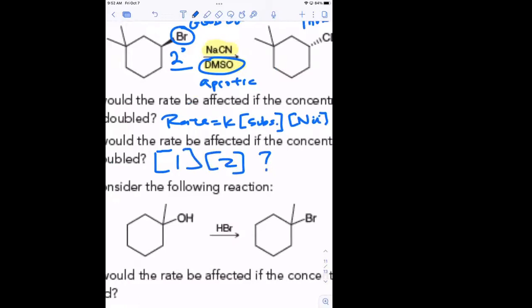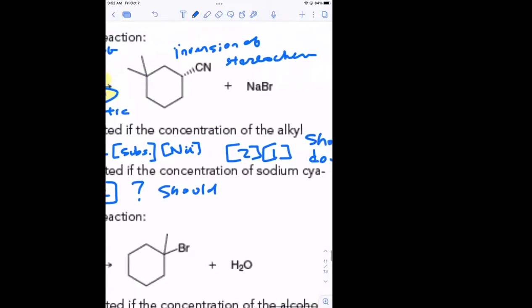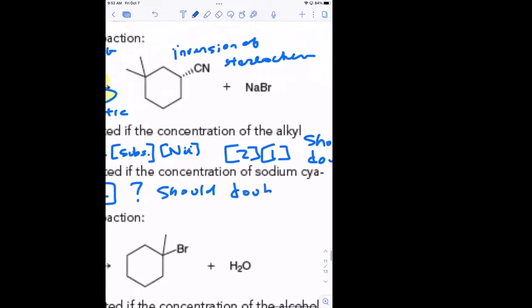Assuming the substrate is not changed, it would double also. Yeah, that's right. And you can make that assumption because unless it's indicated, you can assume that the substrate doesn't change. So that's going to be 1 relative to the other concentration.